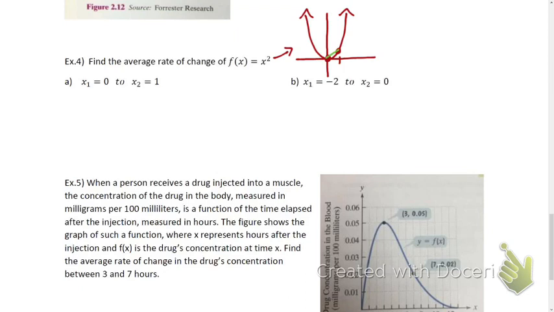So what you do is you plug into the function. This one's pretty easy, but if it's ever a more complicated function, maybe these steps will be needed. Plug into the function to get 2 y's.